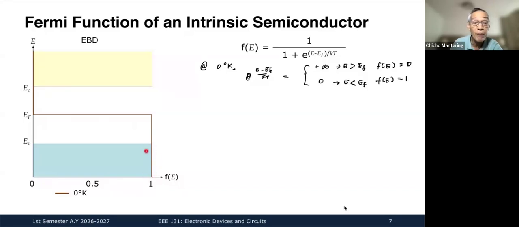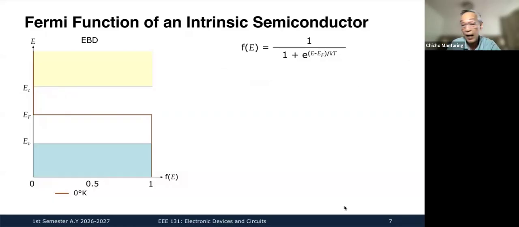In other words, all valence bonds are intact. On the other hand, all energy states in the conduction band will have a zero probability that they are occupied, which makes sense. If these are all intact, walang pupunta dito. So that is what it will look like at 0 degrees.